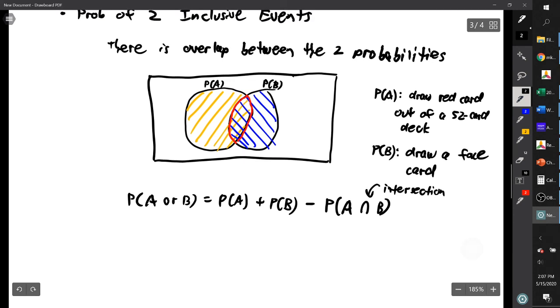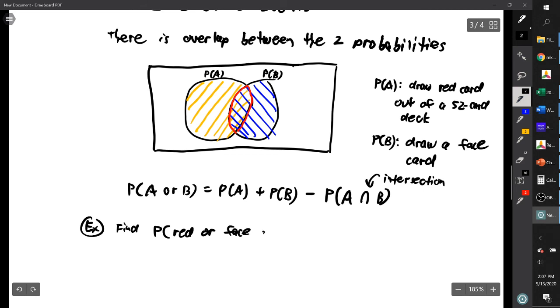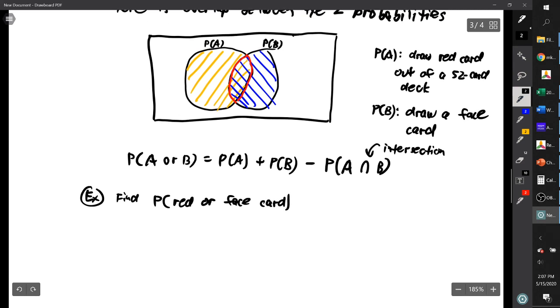All right, let's go ahead and do this example. We'll start with that, and then we'll do one from the text. Find P of red or face card. Well, the red cards are half of the deck, or we could say 26 out of 52, or 1/2.